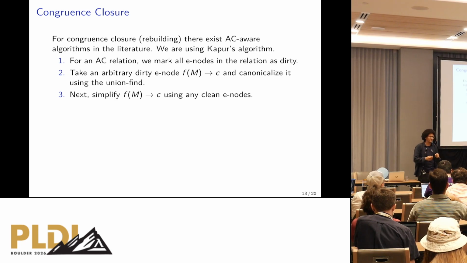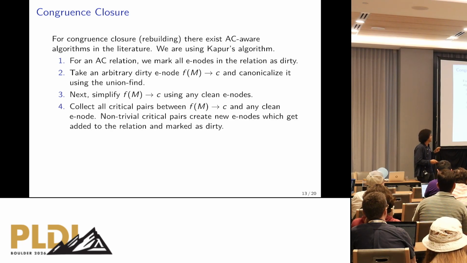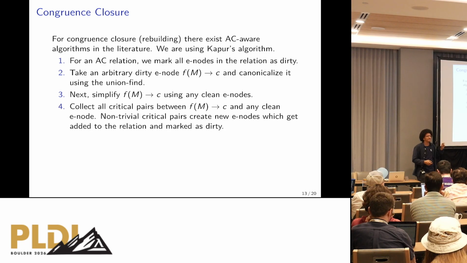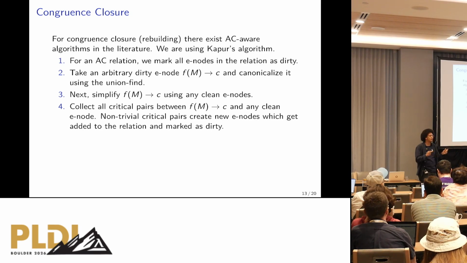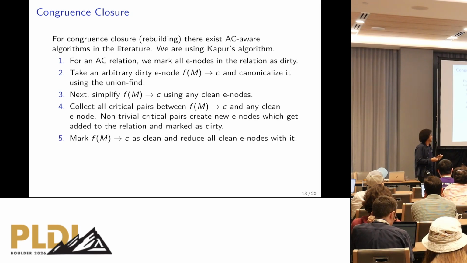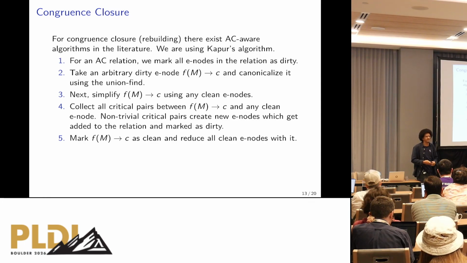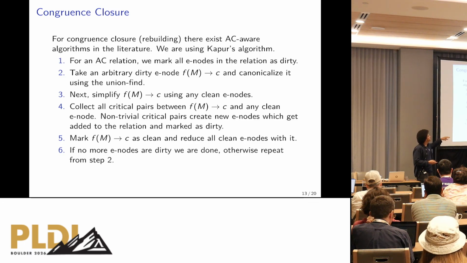Then you simplify this one e-node you selected with all the already processed e-nodes to maybe shrink it. Now comes the complicated part. You take your simplified e-node and you compute all critical pairs between the clean e-nodes you already have. We'll see in a second why this is necessary. Okay, and last but not least, we inter-reduce all the clean e-nodes with the new one we are adding to the set of clean e-nodes. And we repeat, we go back to step 2 if we still have dirty e-nodes left.